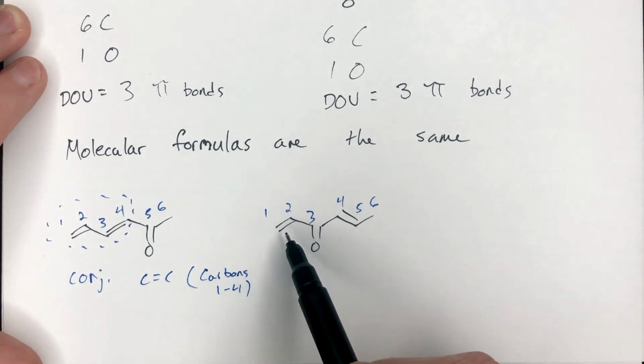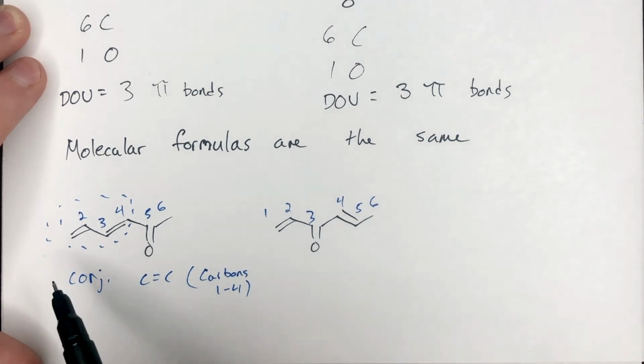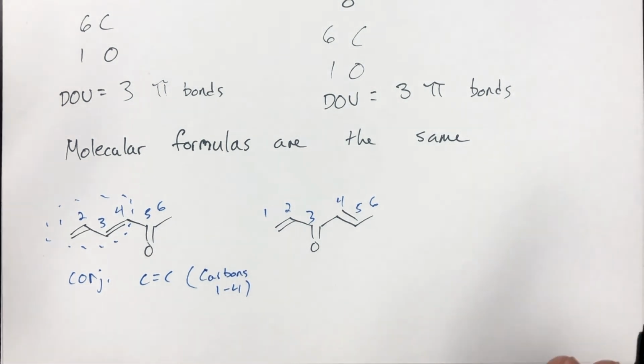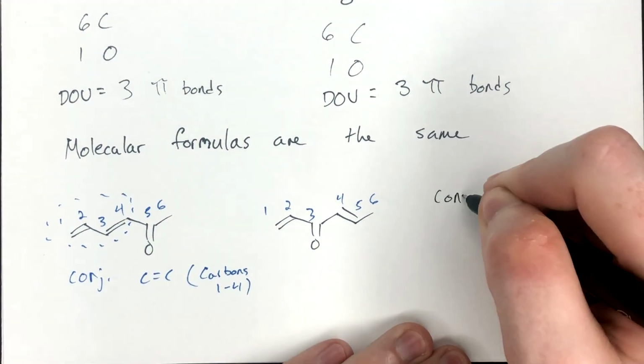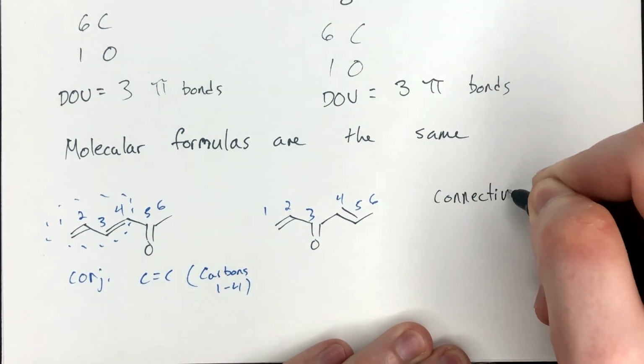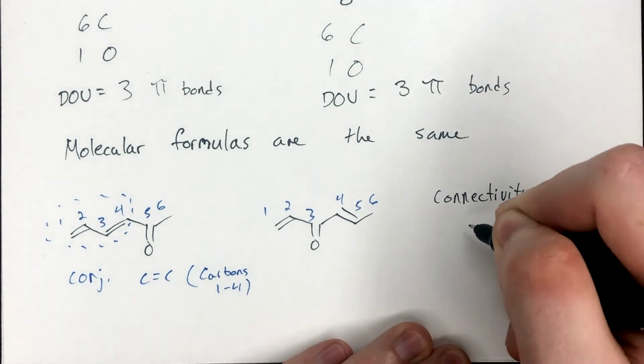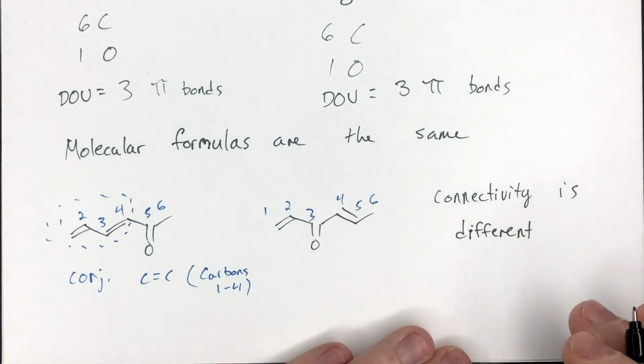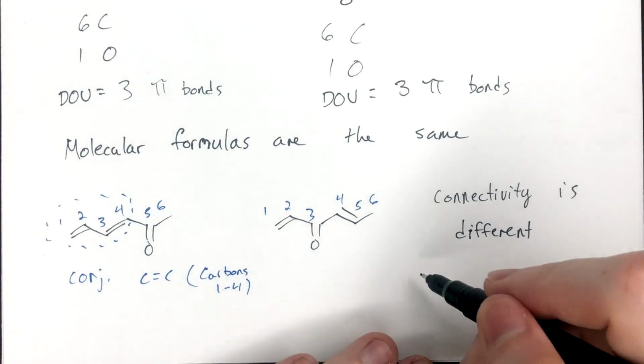It is conjugated between the carbonyl, which is the same over here as well. But the main point, that's another way of looking at it, the main point is the connectivity is different, right? The bonds are different. So due to the different connectivity, these are structural isomers.